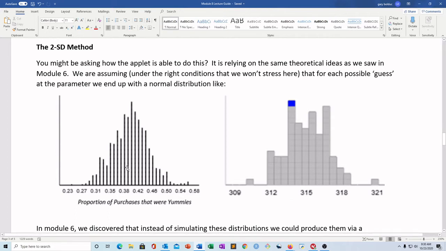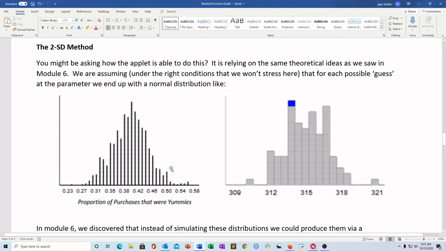So, okay, that made sense. And then remember, we had formulas to predict how spread out each of these pictures would be. We knew these numbers would be where they are based on the formulas. So in Module 6, we talked about how to predict each of these pictures with pretty good accuracy. So we're going to build off of that work here.